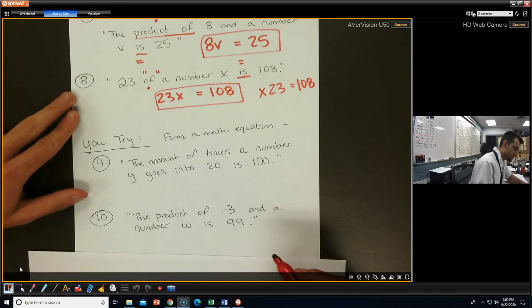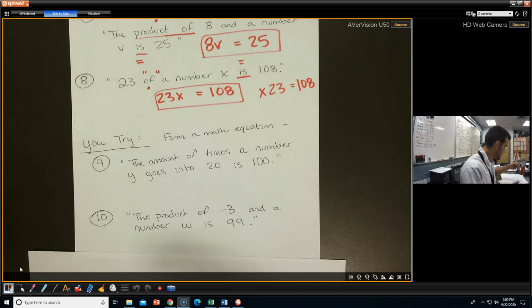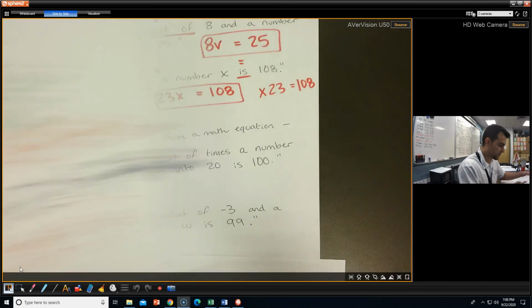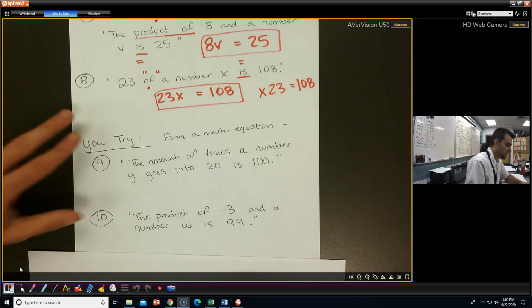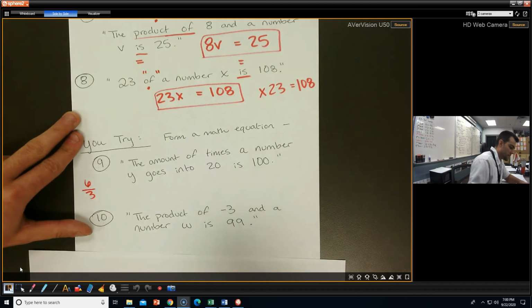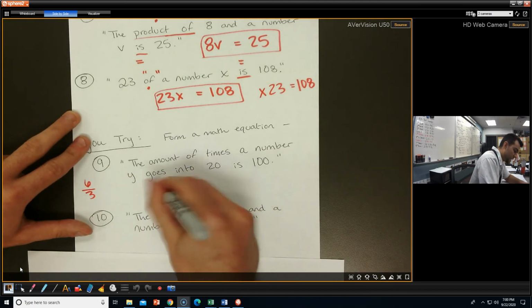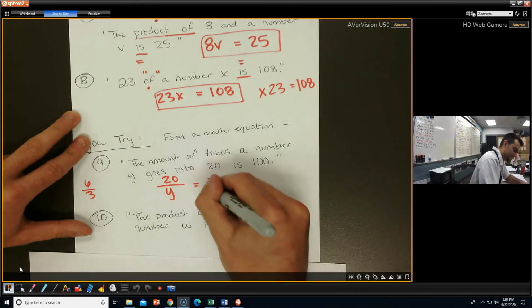So, the amount of times a number y goes into 20 is 100. This is just like that purple writing example I gave you. Let's break it down. The amount of times that 3 goes into 6. The amount of times that a number y goes into 20 is 100.